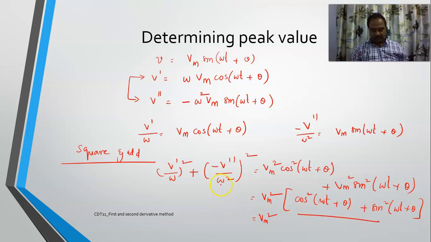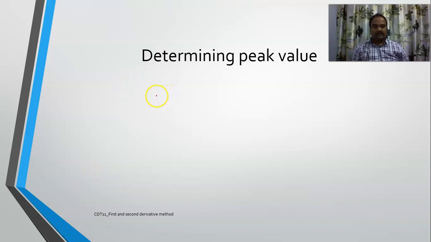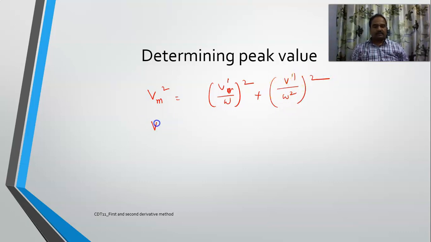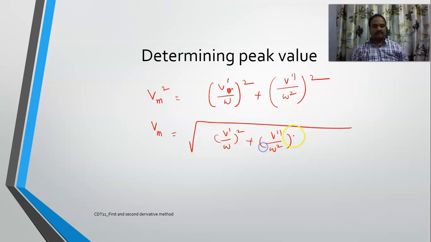So I will remove this square now. Vm square is equal to V dash by omega whole square plus V double dash by omega square whole square.